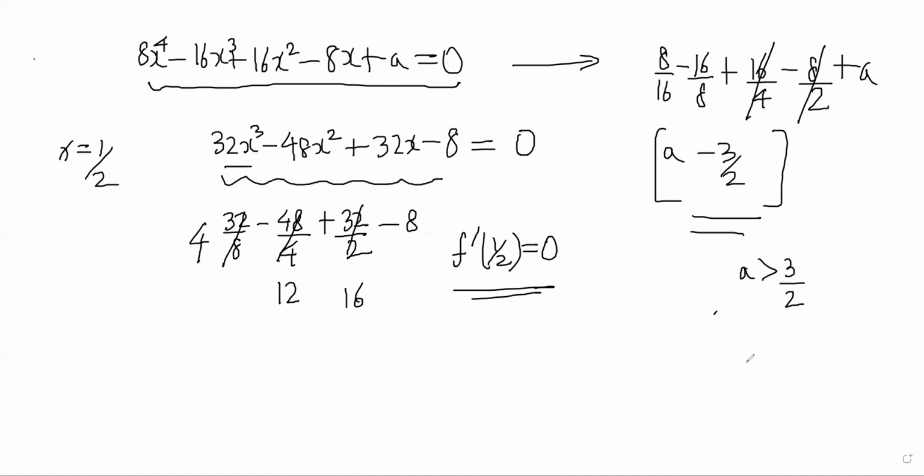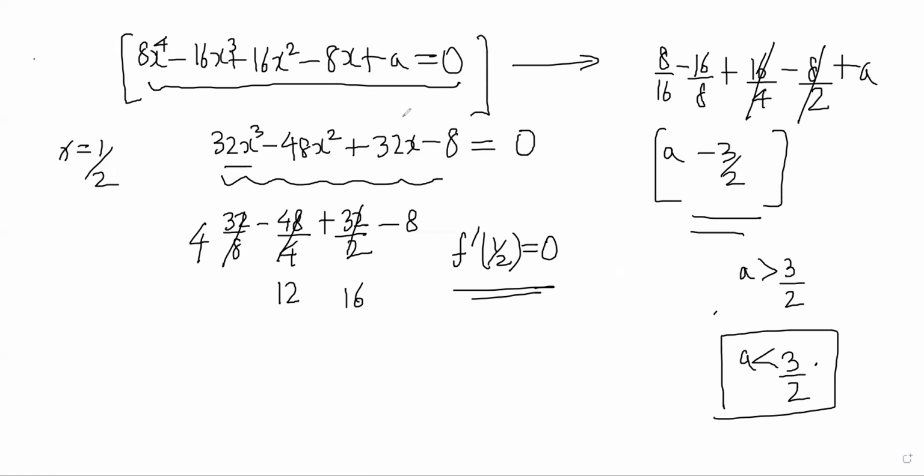If a is less than 3 by 2, the minimum value of the function is at half and it is negative. That means there are two real roots which add up to half. The remaining non-real roots will be 3 by 2, not anything else.